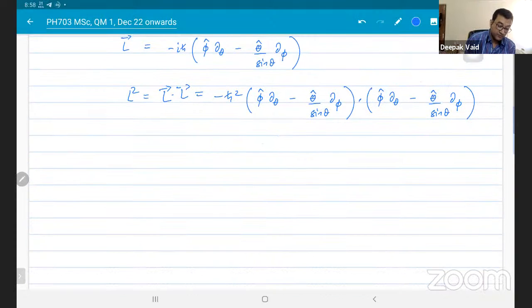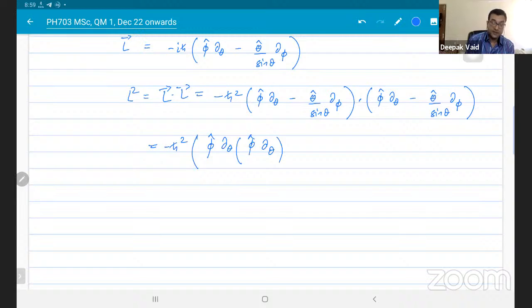Now I have to be careful. This is the mistake I was making. I was not being careful. See, I can't just take phi hat dot phi hat, because I get phi hat del theta, then phi hat del theta, like this.